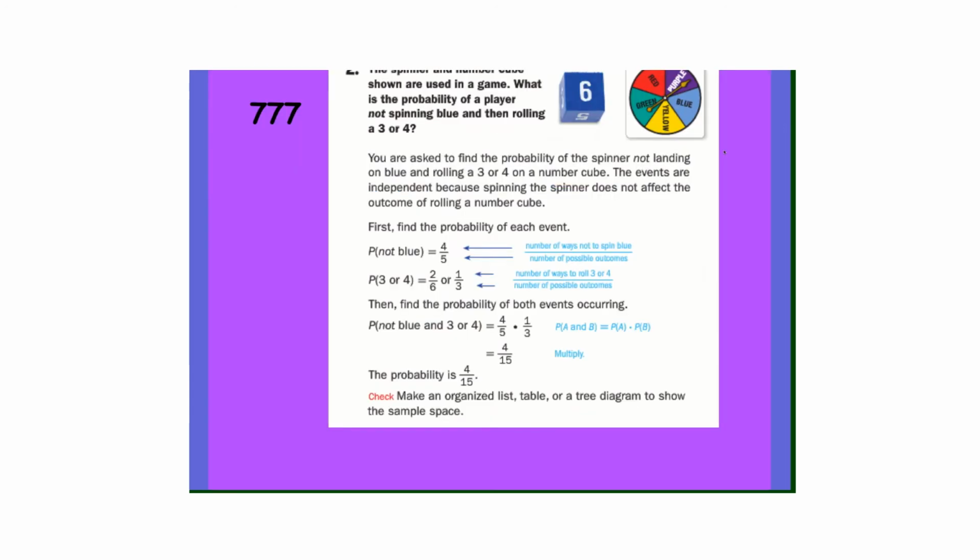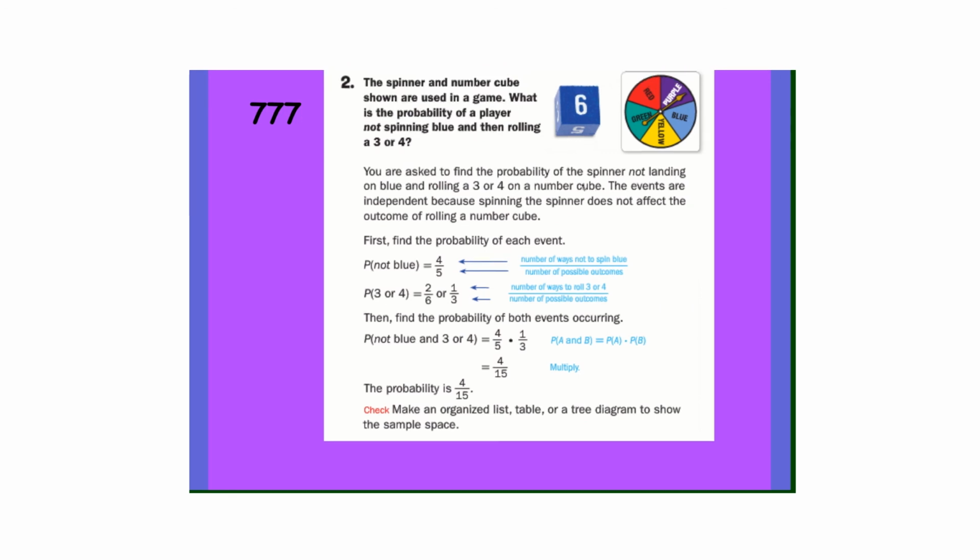Okay. The spinner and the number cube are shown, they're used in a game. What is the probability of a player not spinning a blue and then rolling a 3 or a 4? So not a blue. We have 1, 2, 3, 4, 5 sections on the spinner.